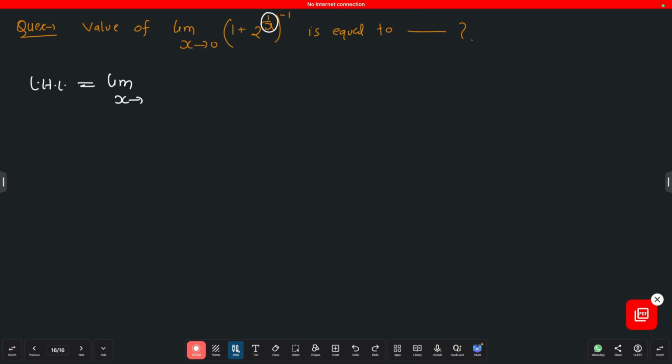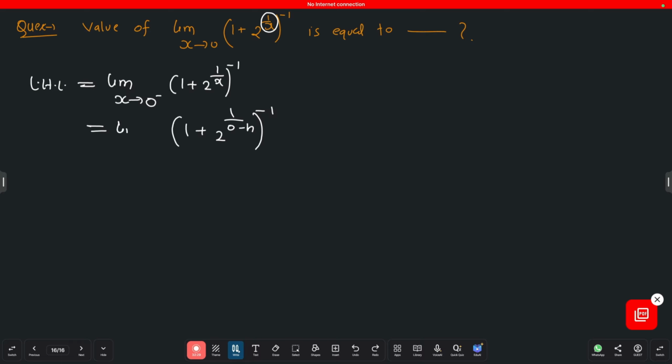Limit x tending to 0 minus, in L.H.L 0 minus, correct? Then the function is (1 plus 2 power 1 upon x) whole power minus 1. Okay. In L.H.L, the x value means 0 minus h, whole power minus 1. Because I replace x by h, the limit is also of h.